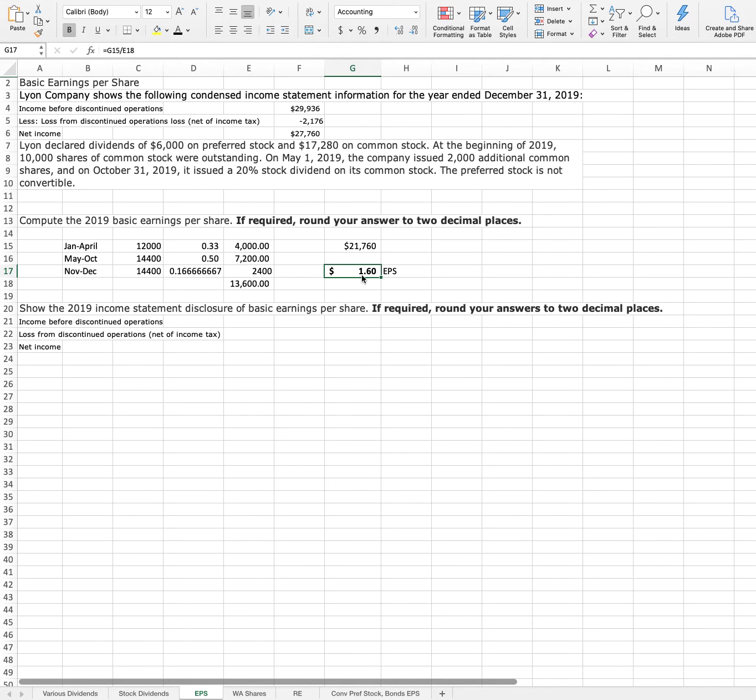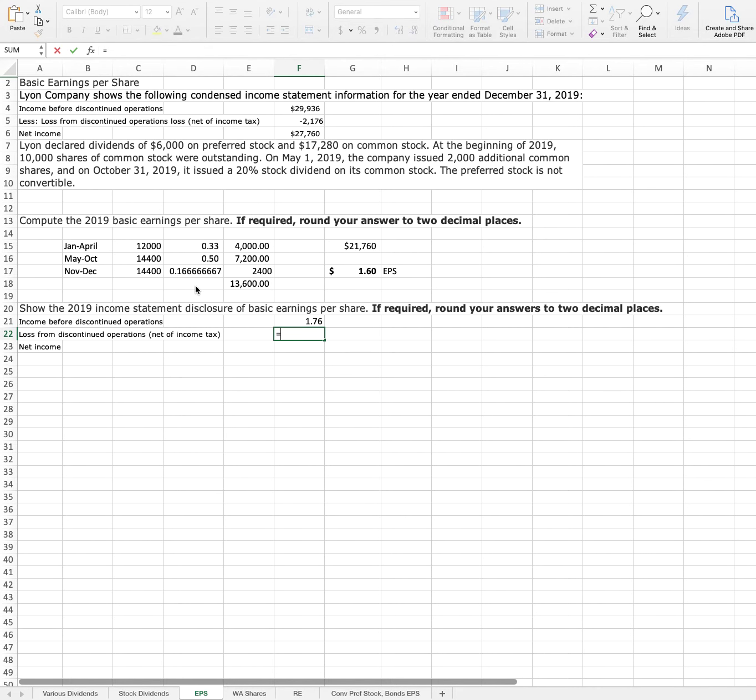So make that bold. Now down here it's saying show the 2019 income statement disclosure of basic earnings per share. For income before discontinued operations, we would take that 29,936, subtract out the 6,000 dividends to preferred stockholders, and then divide it by the weighted average outstanding shares that we calculated, for $1.76.